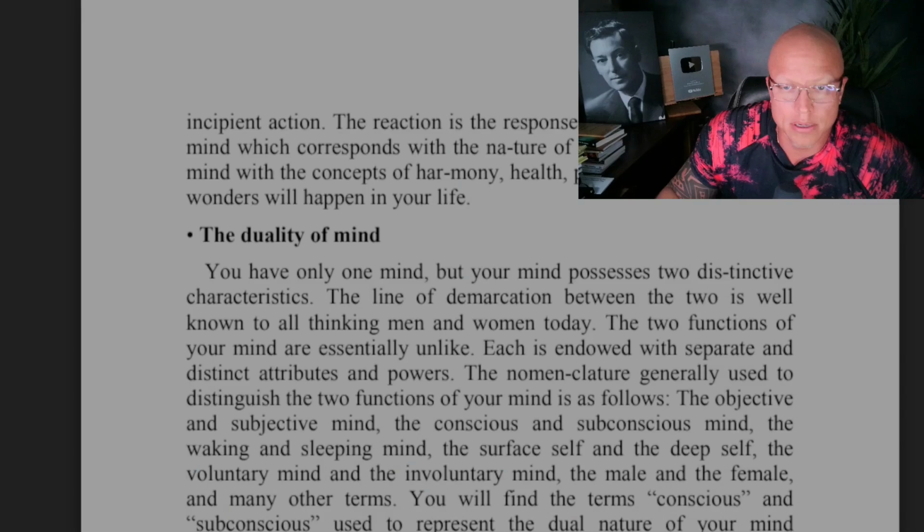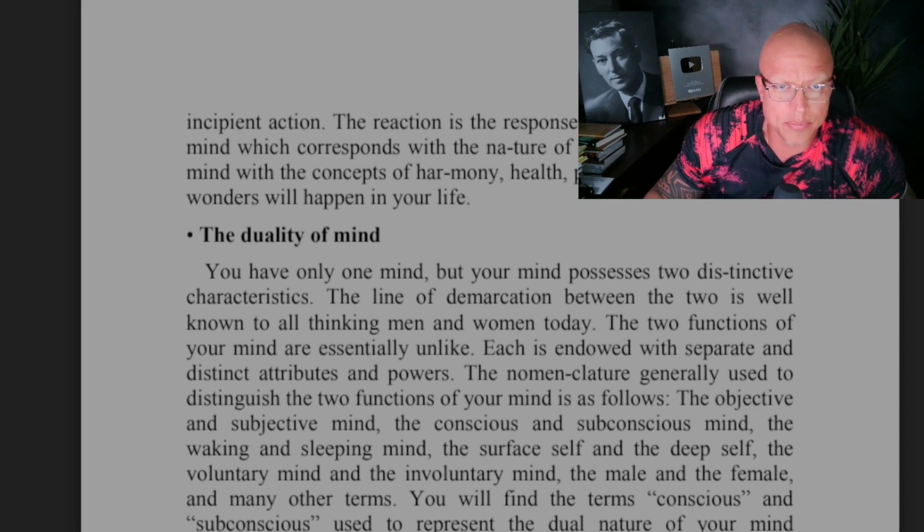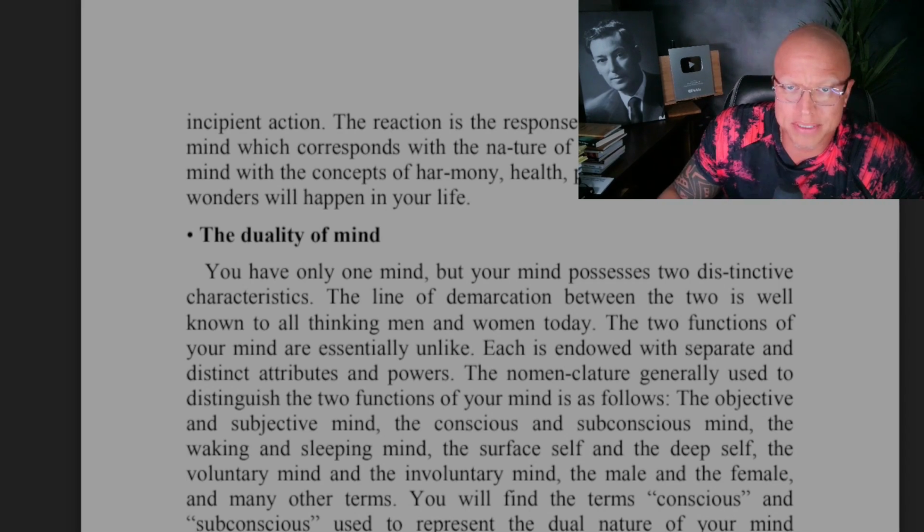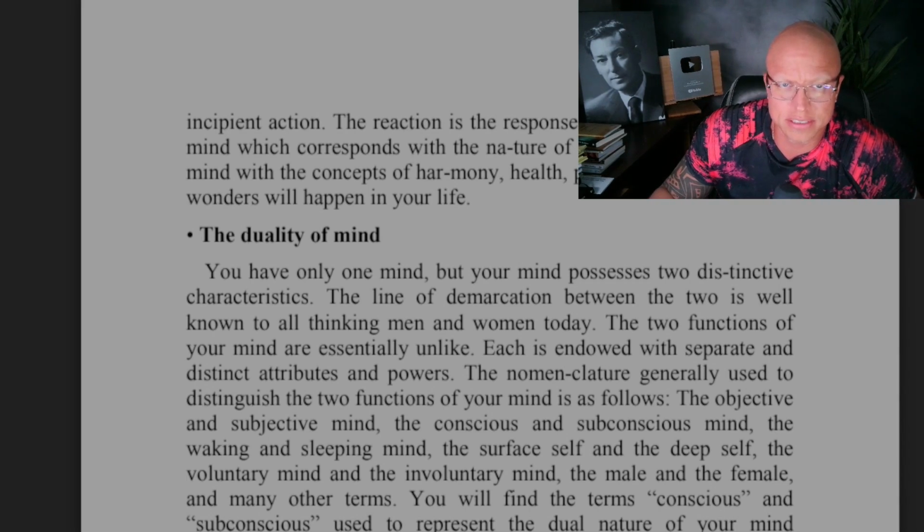This is Chapter 1, Part B, The Duality of Mind. You have only one mind, but your mind possesses two distinctive characteristics. The line of demarcation between the two is well known to all thinking men and women today. The two functions of your mind are essentially unlike. Each is endowed with separate and distinctive attributes and powers.